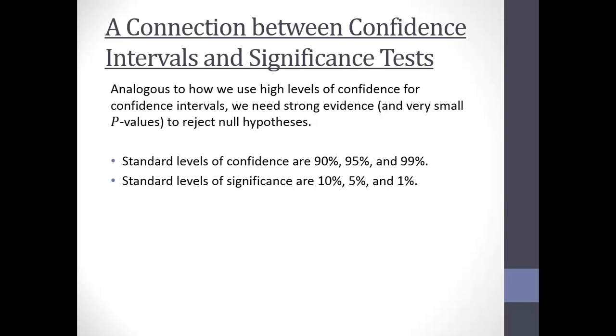If you want a high level of confidence for your confidence interval, you're going to choose maybe 99% or something like that. The significance level gets at the same thing. If I want to be more certain about rejecting the null hypothesis, I'm going to use a smaller significance value. So higher confidence corresponds to a smaller significance level.